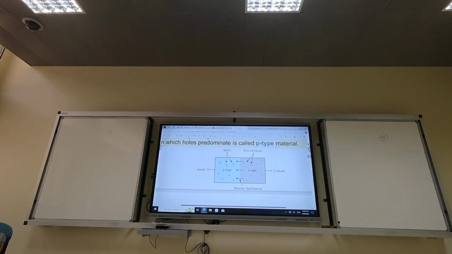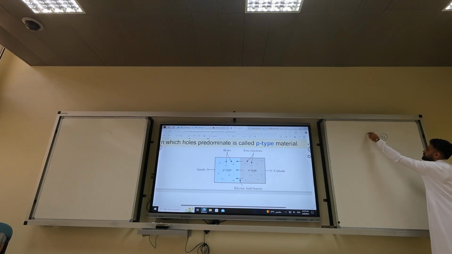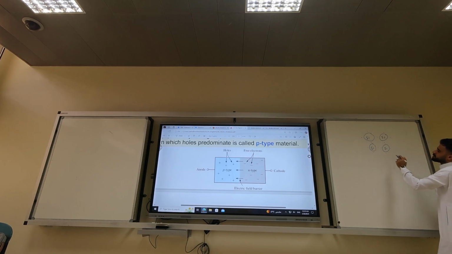The periodic table, am I right or wrong? Yes. So let's say we put silicon here, silicon here, silicon here, and silicon here. What do you notice?